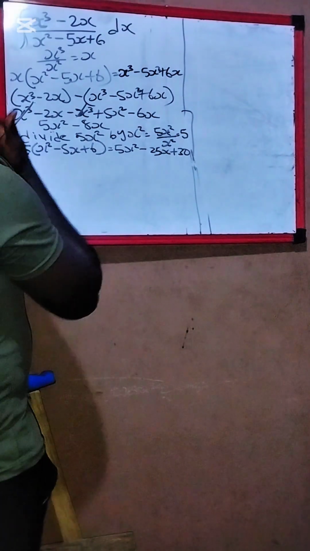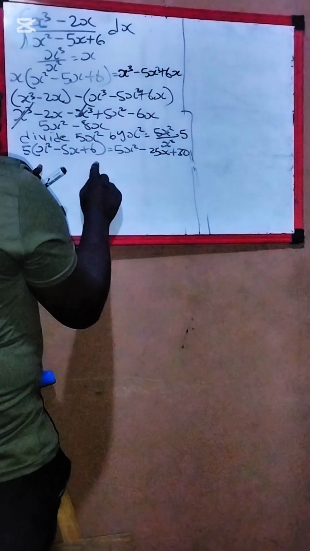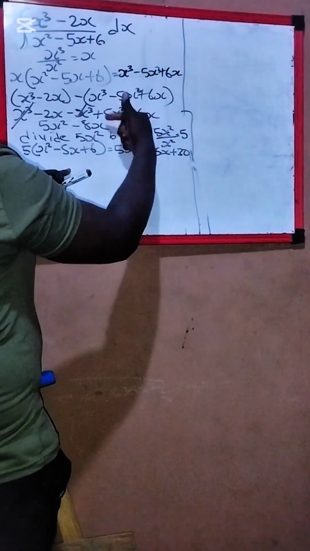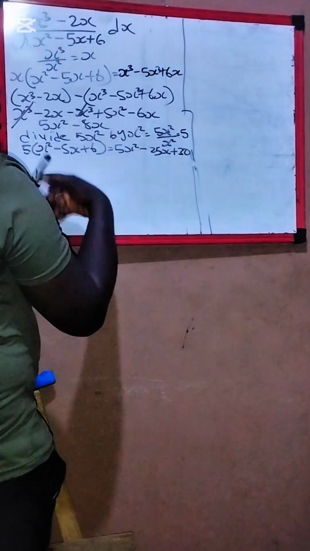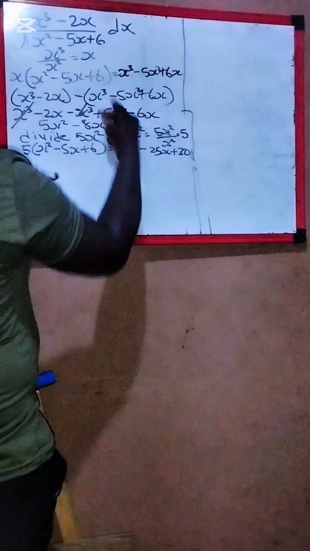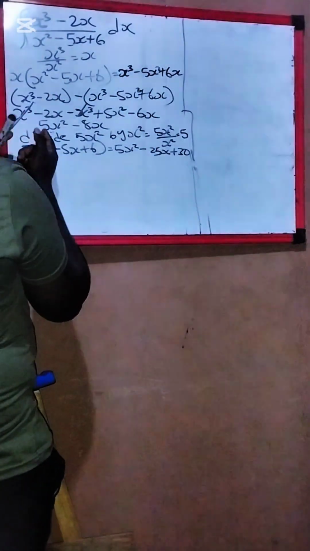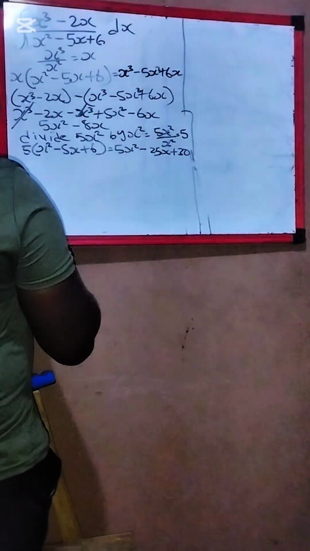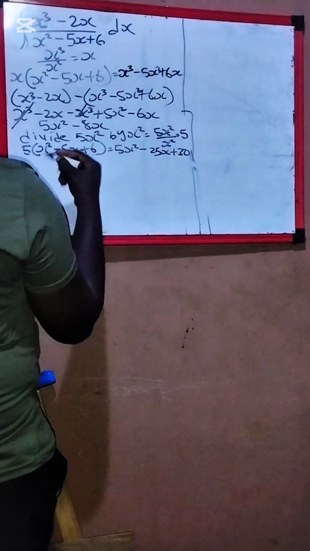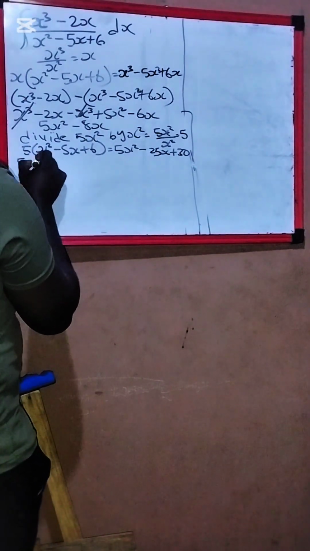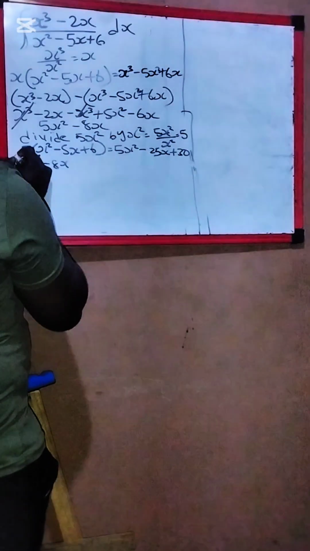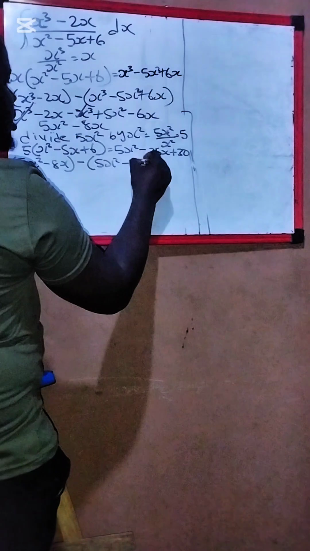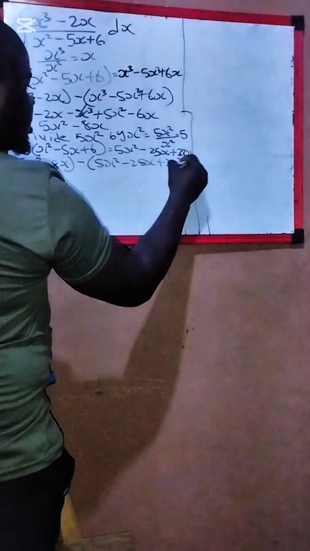Now the next thing to do, since we've opened this up, we subtract it from the original one we've gotten here, just like we said in the first step. So this minus this will give us 5x squared minus 8x minus bracket 5x squared minus 25x plus 30.